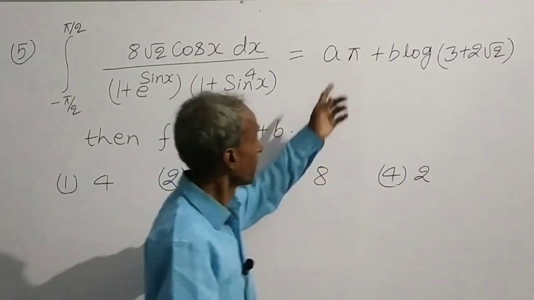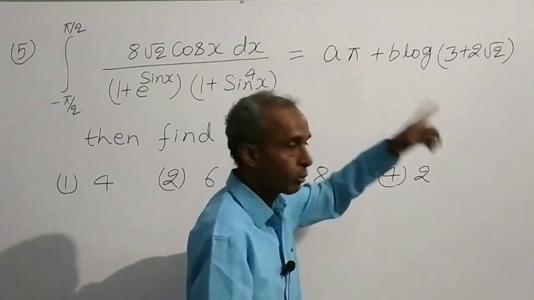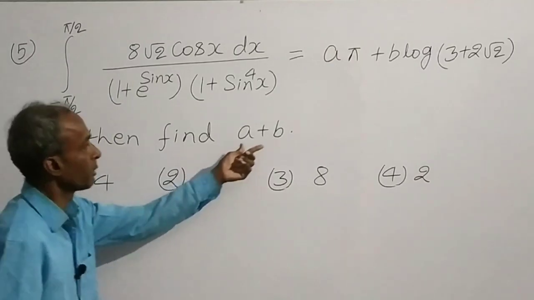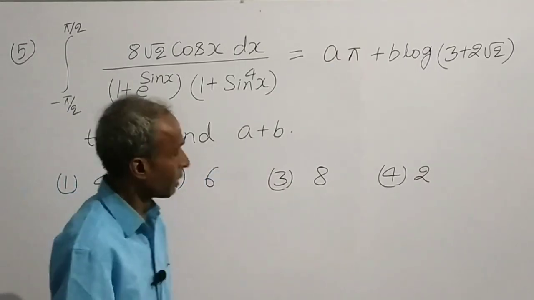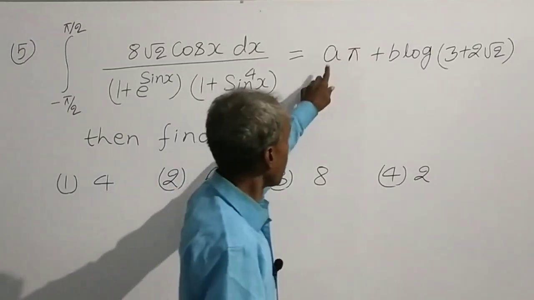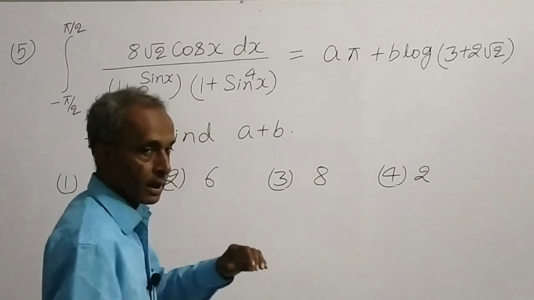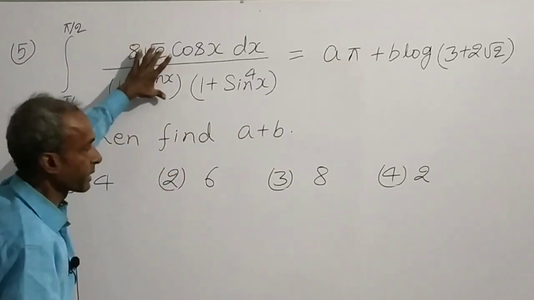If we find what number appears here and what number appears here, then we can easily find the value of A plus B. To find the value of A and the value of B, we will have to integrate this function.